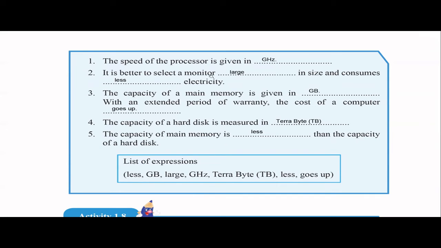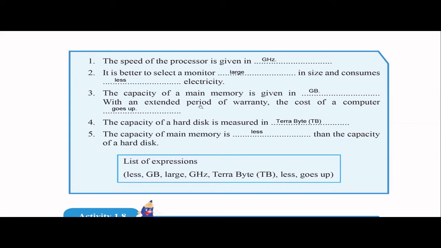It is better to select a monitor blank in size and consumes blank electricity. So the monitor size should be large, but it should consume less electricity, right? Otherwise, that is the most effective way of the specification. The capacity of the main memory is given in blank.